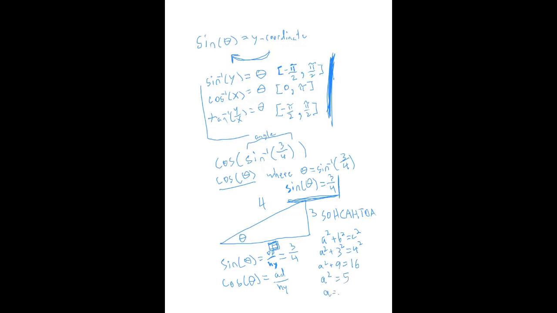So a just turns out to be the square root of 5. So cosine is the square root of 5 over 4. And that is exactly the entire answer to the question. It turns out that cosine of sine inverse of 3 over 4 is equal to root 5 over 4.